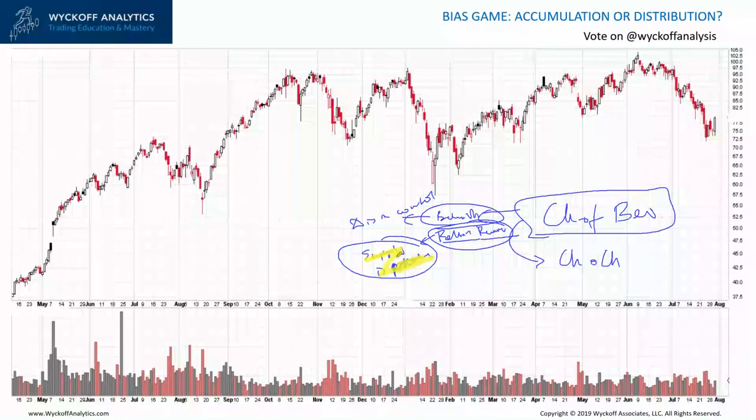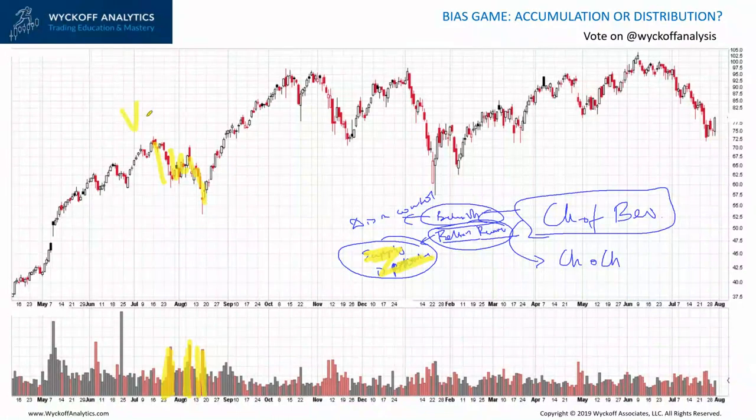Supply is exhausted. Why? Well, because they sold into all of these rallies. So they sold here, and obviously this is value selling into the strength of the whole rally. Then the second time they sold was something similar.